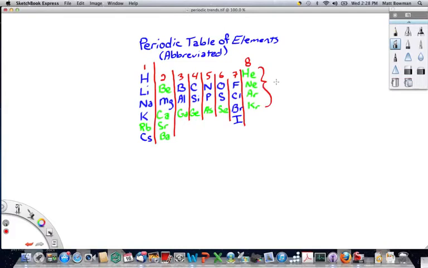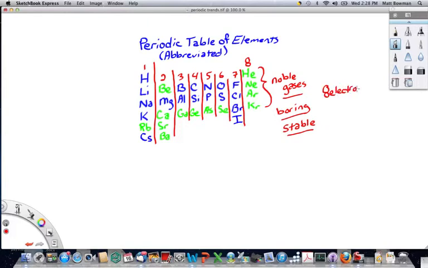One group here is group 8, the noble gases. These are boring. They do virtually nothing. They are very, very, very stable. They're stable because they have on their outermost shell 8 electrons.